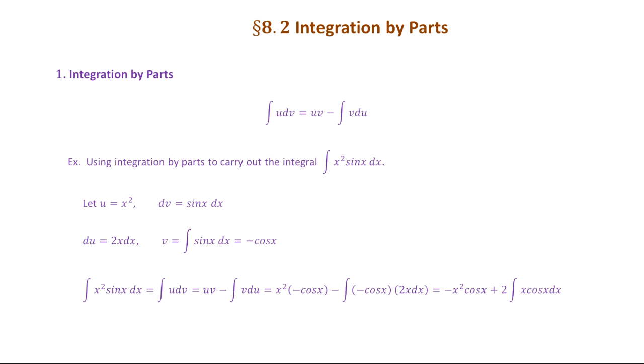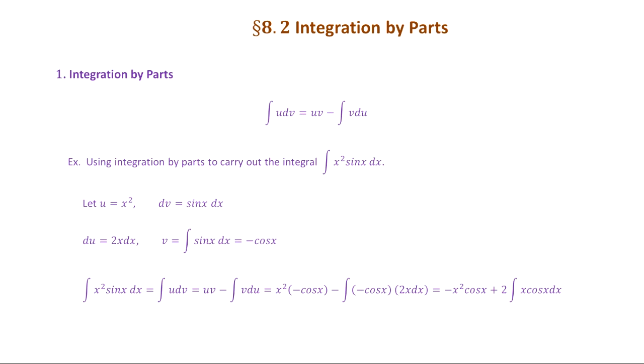Plug in u and v in this formula, you get x squared, which is u, and negative cosine x, which is v, in the first term, minus the integral of v, which is negative cosine x, and du, which is 2x dx. You have to use the formula exactly as it appears.